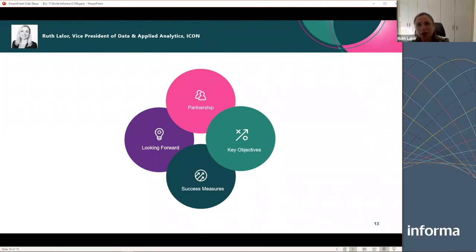Related to that is the usability of the tool. There is no point in having this data, this really, really smart technology, if it doesn't work from an operational perspective, from a process perspective, and from an end user adoption perspective. And that is something that has been quite key in our ways of working here and in our partnership. And it was something that we were very clear on from the outset.